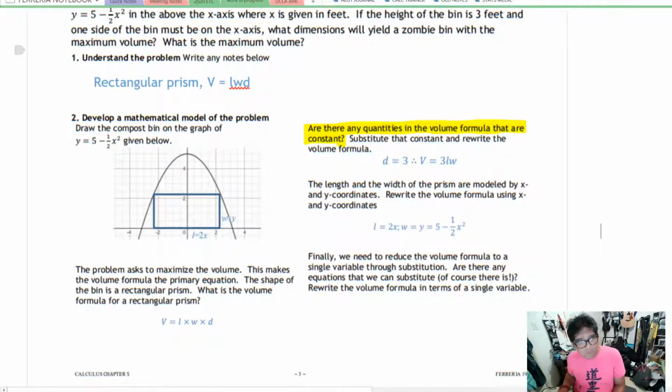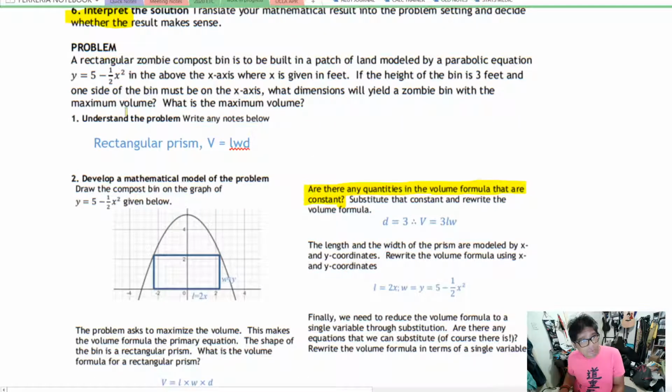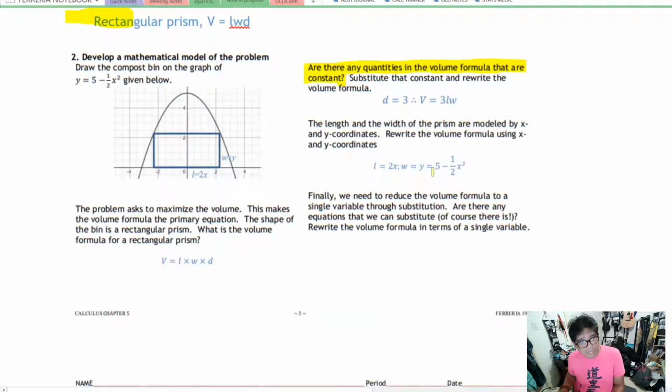But we didn't say what the y-coordinate is. The y-coordinate, and this is pretty typical, is just the equation of the parabola. Because up over here, since we're on the parabola, we know that y is equal to 5 minus 1/2 x squared. So that actually makes sense.